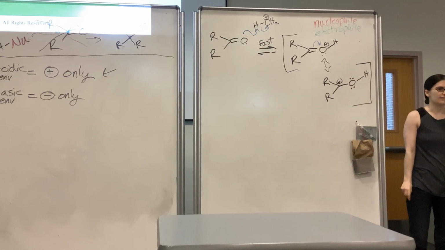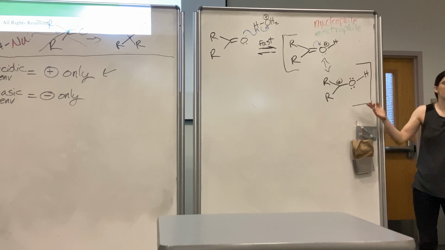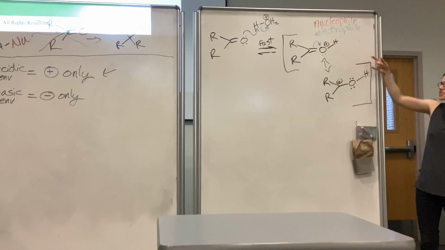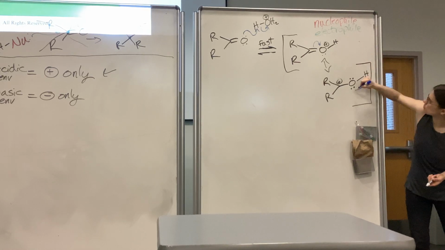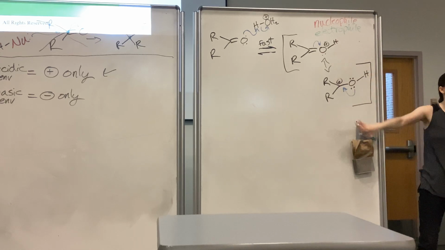Resonance stabilized cation. Which of these resonance structures, and then I guess to go back, you do this. Which of these is going to be contributing more to the overall structure?